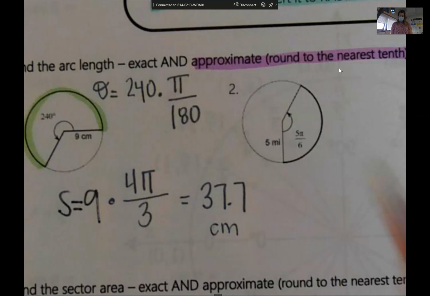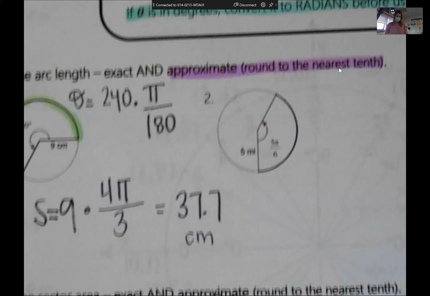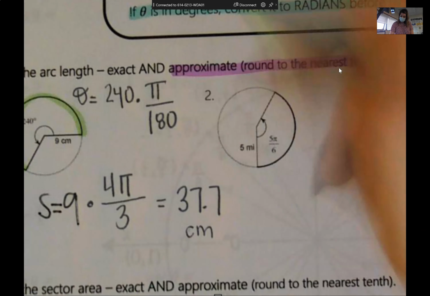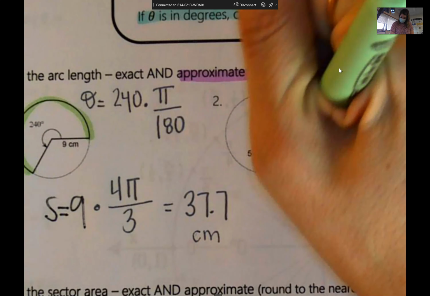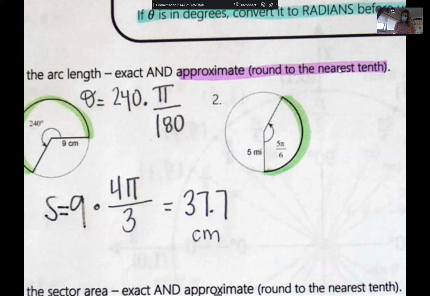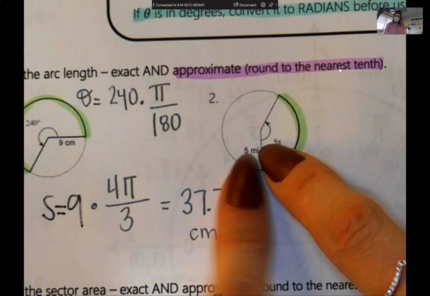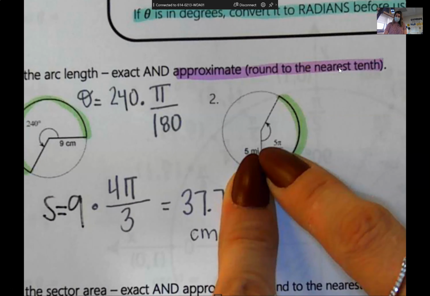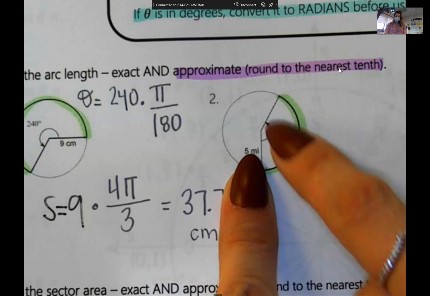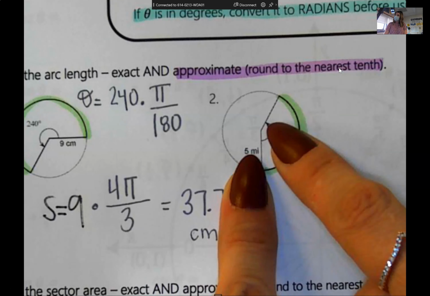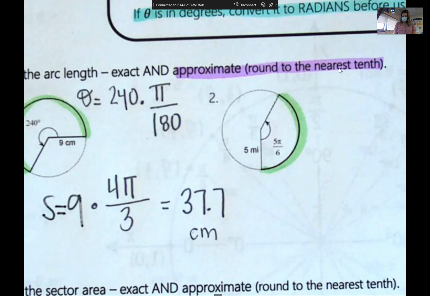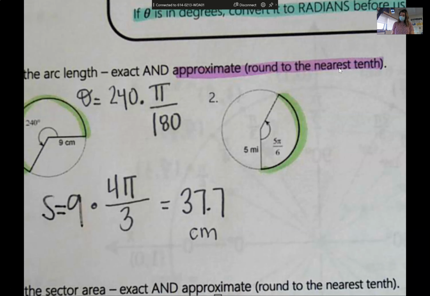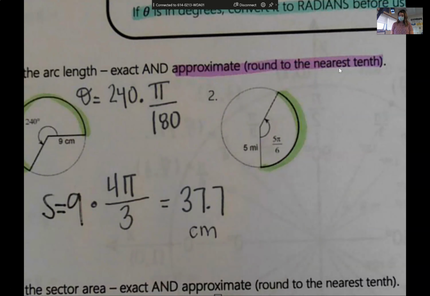Okay, next one, our arc length is much smaller. It's just this one. And you can tell which part of the circle it is because the little angle opens up. So the arc matches the little arrow for the angle. This time we don't have to do any converting.